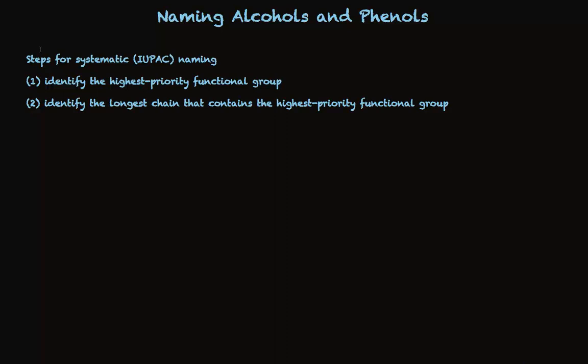There may be longer chains, but a chain has to contain the highest priority functional group. Then write the alkane name of the longest chain.